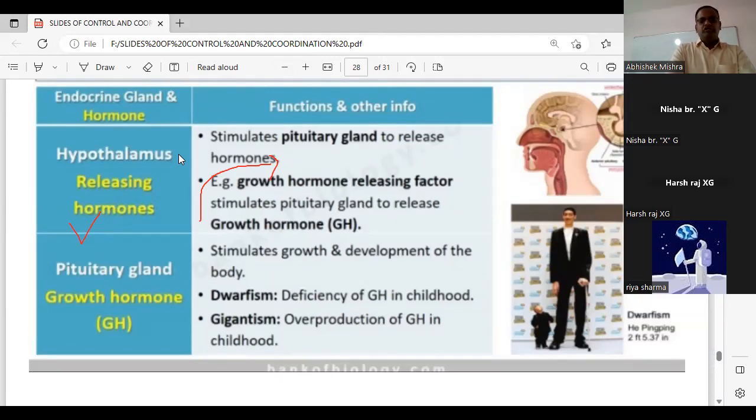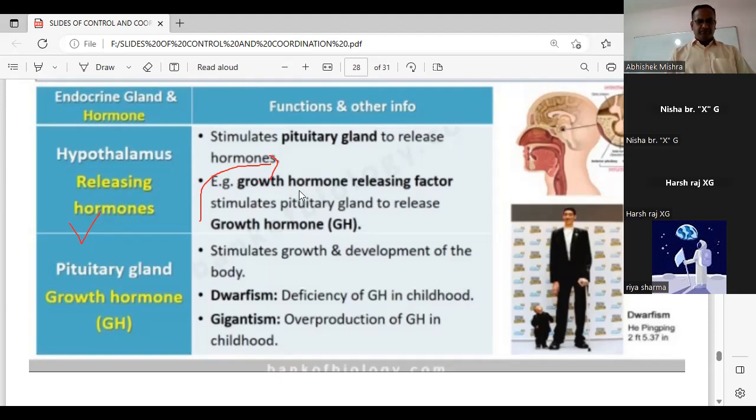For example, the growth hormone releasing factor stimulates the pituitary gland to release the growth hormone. So if I am saying the pituitary gland is the master gland, the pituitary gland also needs to be controlled by some other gland. And who is that gland? The hypothalamus.